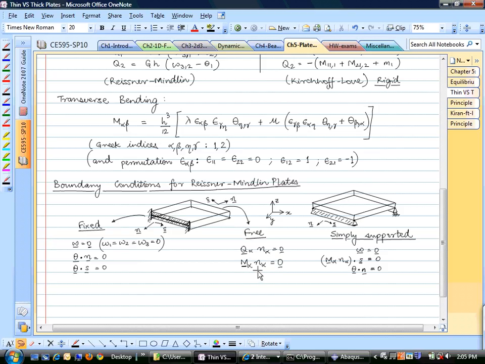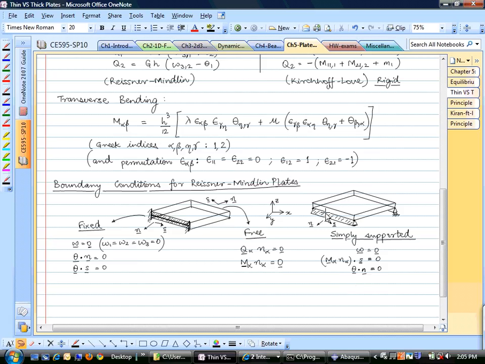That's the free end for the beam. Similarly, moments on this free edge have to be 0. That's a simple free condition. A simply supported condition is where we say that the displacement all along this edge has to be 0, but the rotation.